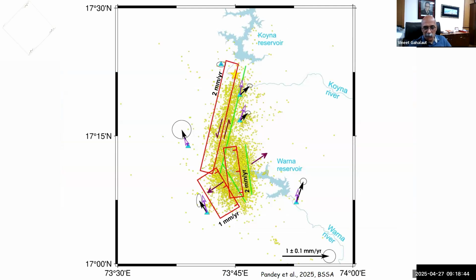In fact, this paper came out just yesterday in BSSA, and you can put some faults and try to put slip rate on them to match the observation. What it says is that a slip rate of almost 1 millimeter per year or 2 millimeter per year can produce this deformation. So an internal deformation of 0.2 millimeter is responsible for producing these earthquakes here.